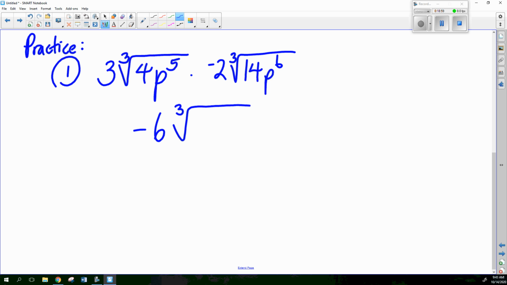Okay? Well, what's 4 times 14? Thank you. And does anybody remember how to multiply letters? P to the 5th times P to the 6th. You add them. P to the 11th, right? You just add their exponents.